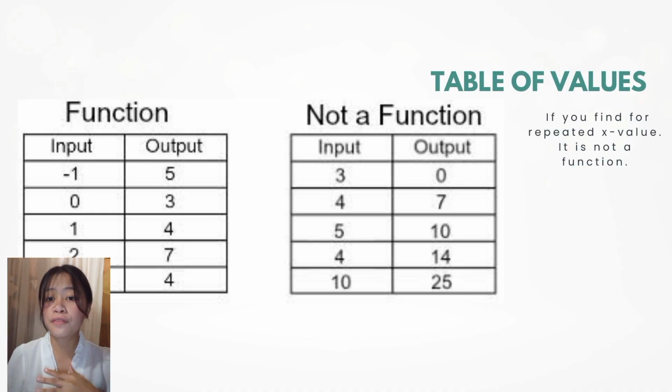Because a function cannot have one input leading to multiple outputs, the relation shown in the right table is disqualified from being a function as it fails the essential test for uniqueness of the output value. So that is not a function, that is a relation, and the other one is a function.